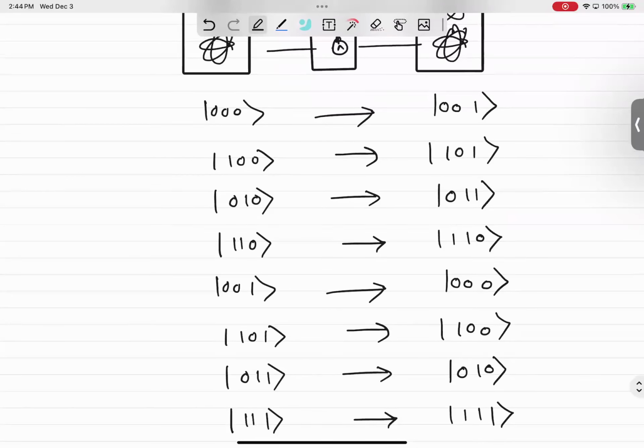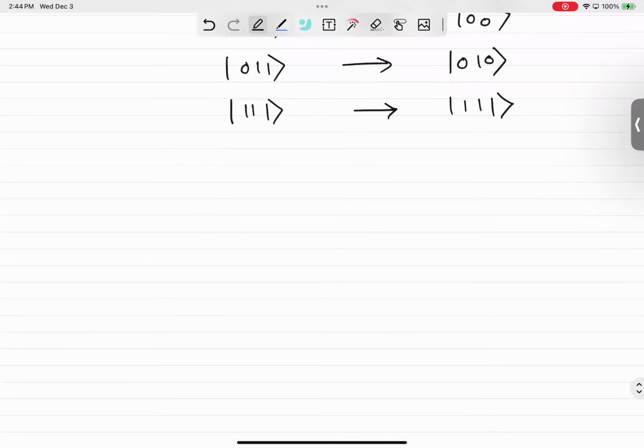This is the operation on the basis states, and hence we know exactly what it's supposed to do on all of the superpositions. Okay. Any questions so far? All right. So now we are in a position to define quantum circuits.